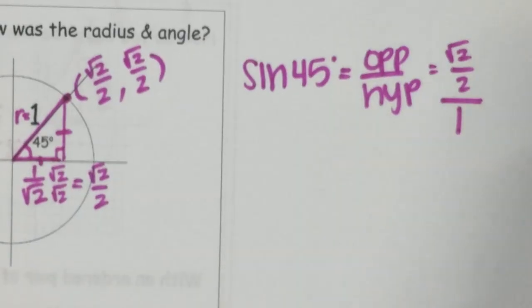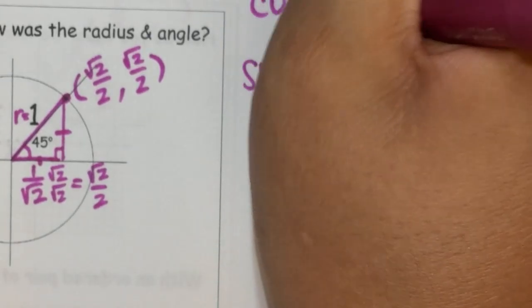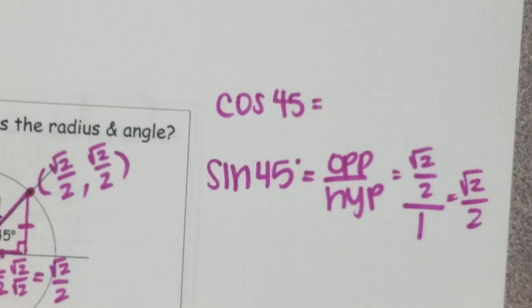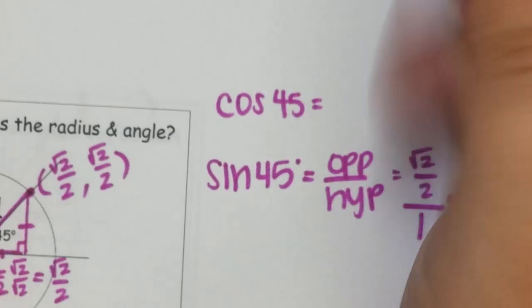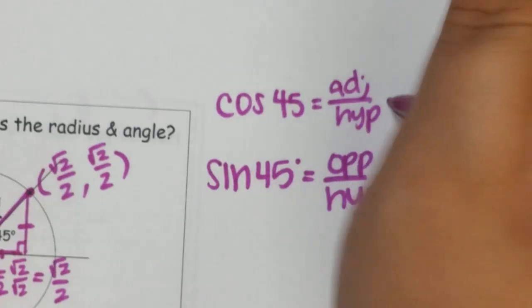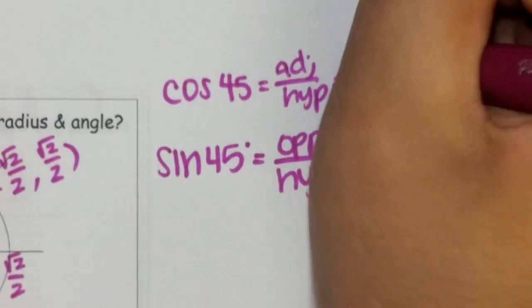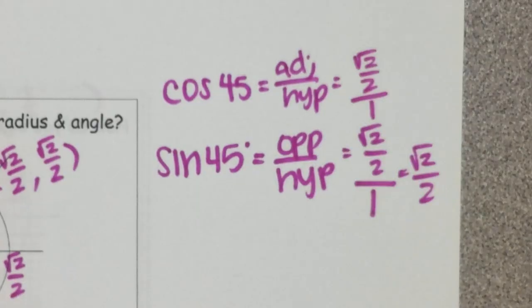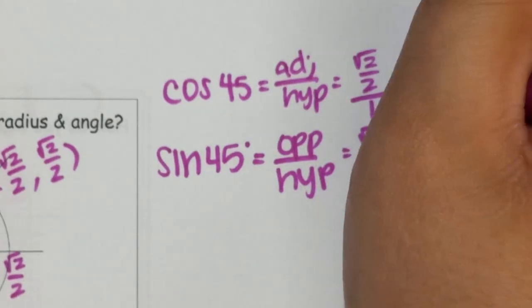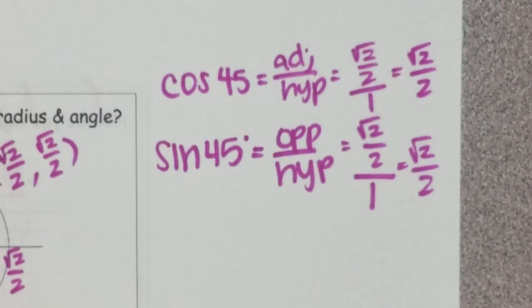And what is the square root of 2 over 2 divided by 1? Square root of 2 over 2. And what if I asked you about the cosine of 45? I have the adjacent over the hypotenuse. What is my adjacent right here? Square root of 2 over 2 over 1, which is just the same. That one doesn't really help us, but I want you to see that there.